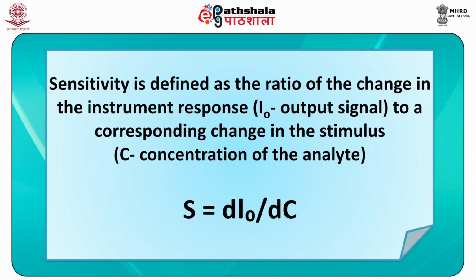Sensitivity is defined as the ratio of the change in the instrument response, that is I/O, output signal, to the corresponding change in the stimulus, that is C, concentration of the analyte. Slopes of calibration curves are used to determine the sensitivity values.